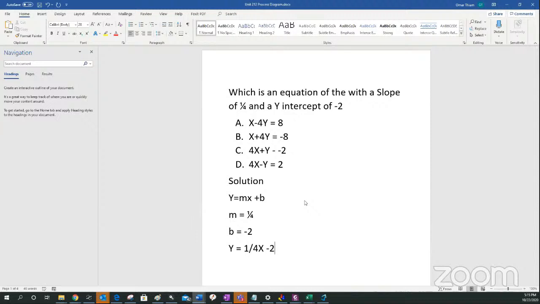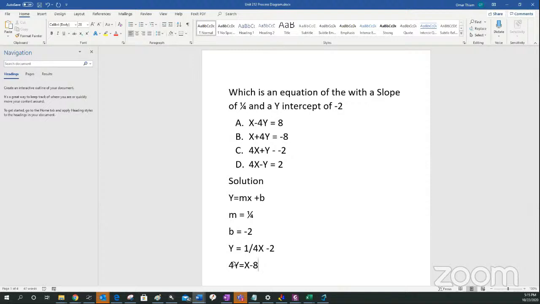If you also want to write it another way, you can multiply by 4, so 4y equals x minus 4 times 2, which is 8.